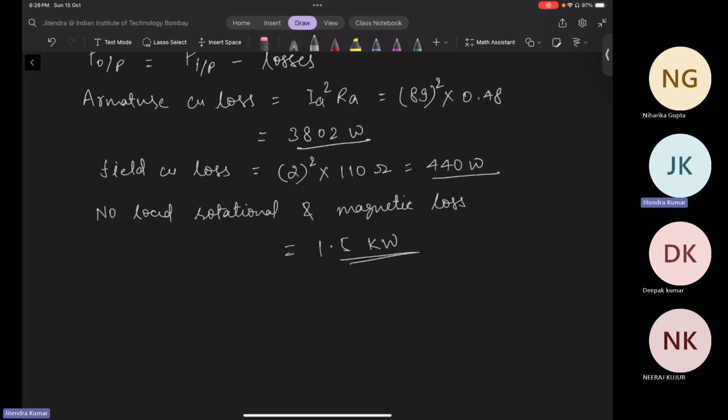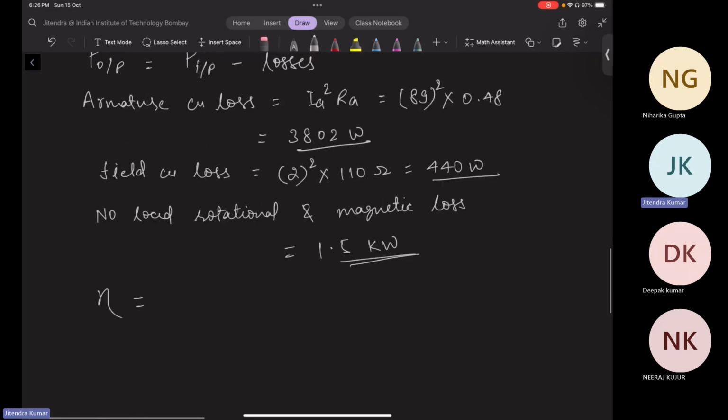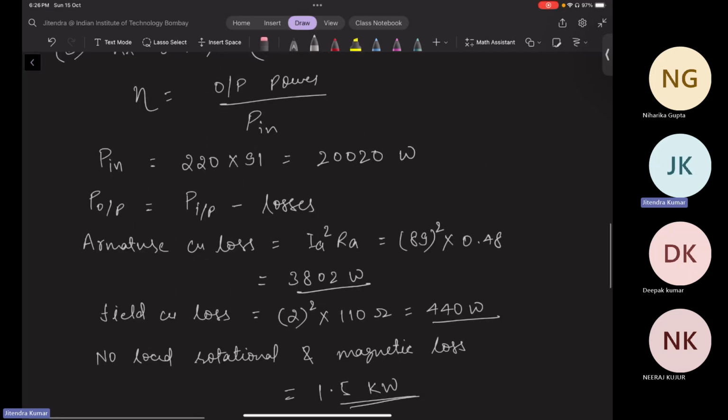Okay, so now we have accounted all the losses. Now we can go with the efficiency. It is P output by P input.